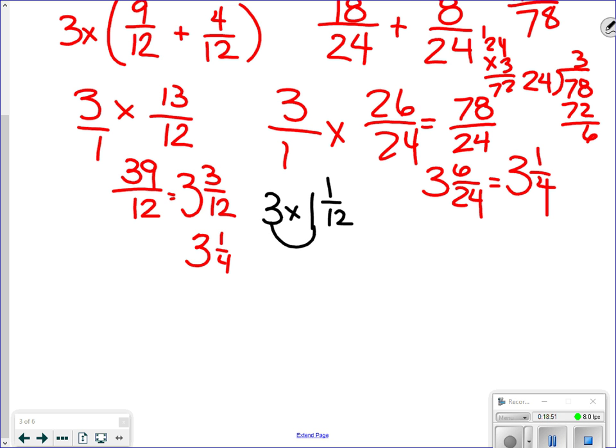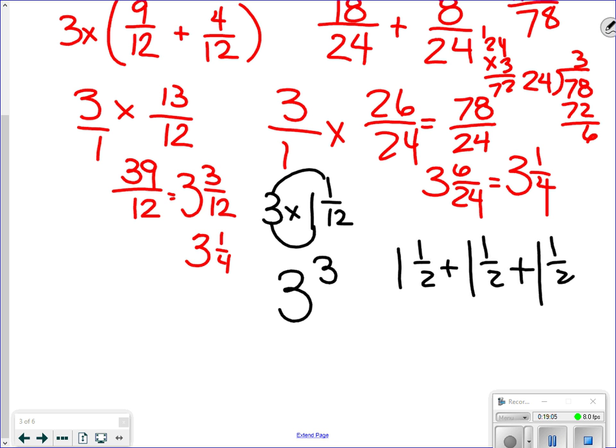Whole times the whole. Whole times the numerator. Because it's 1 and 1/12 plus 1 and 1/12 plus 1 and 1/12. So it's repeated addition. So it's 3 copies of 1 and 1/12.